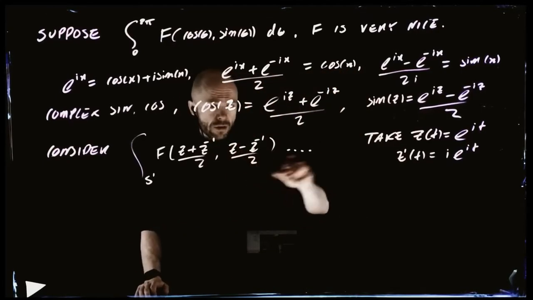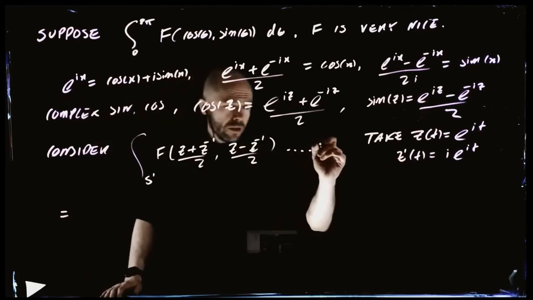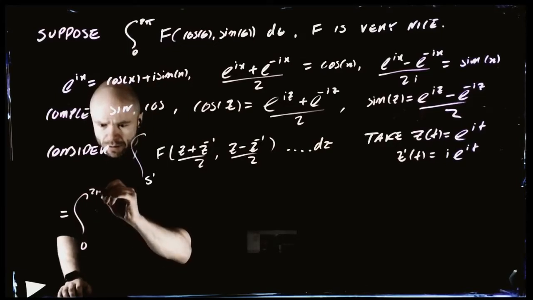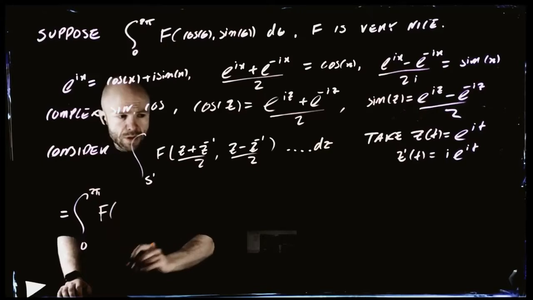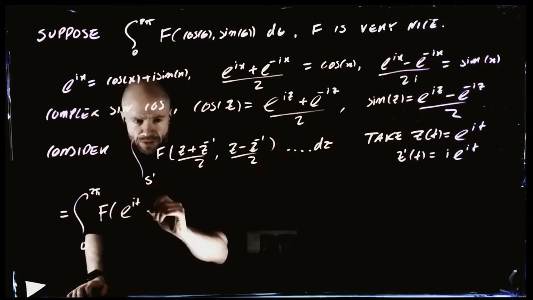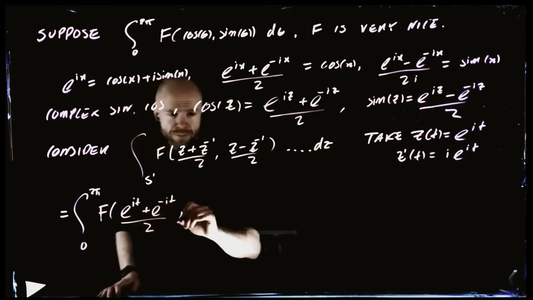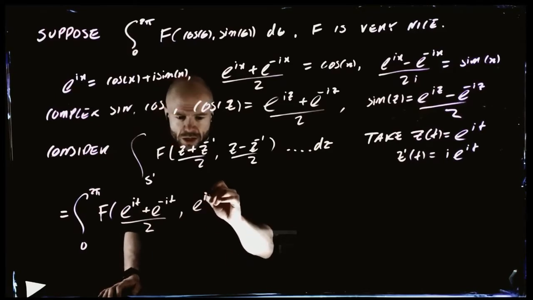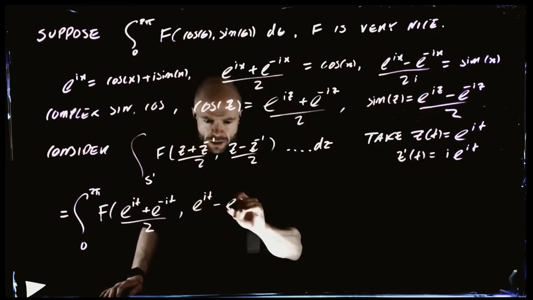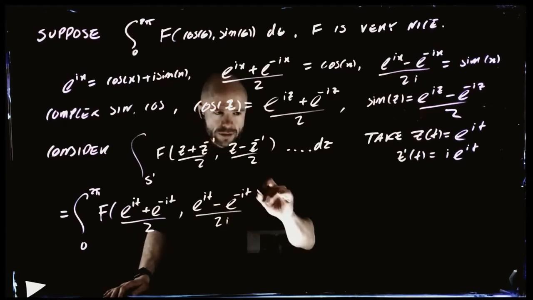So you're going to think about this in the following way. If we now turn this thing into the parameterization, at the moment it's just dz, and I'm going to put some stuff in later. So then we go 0 to 2 pi. Then we're going to have f of, now z becomes e to the it plus e to the minus it over 2, and then e to the it minus e to the minus it over 2i, like this.